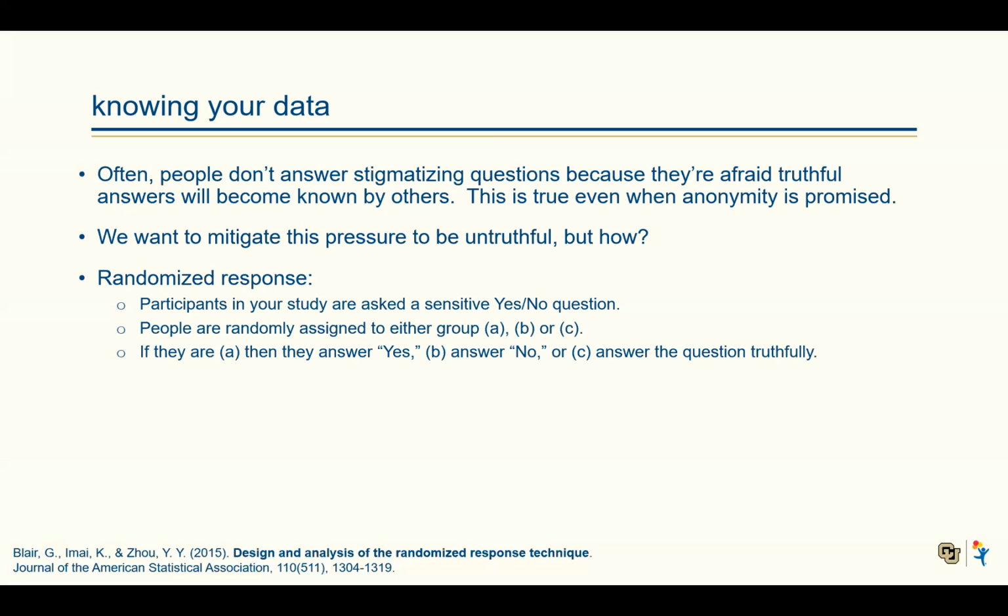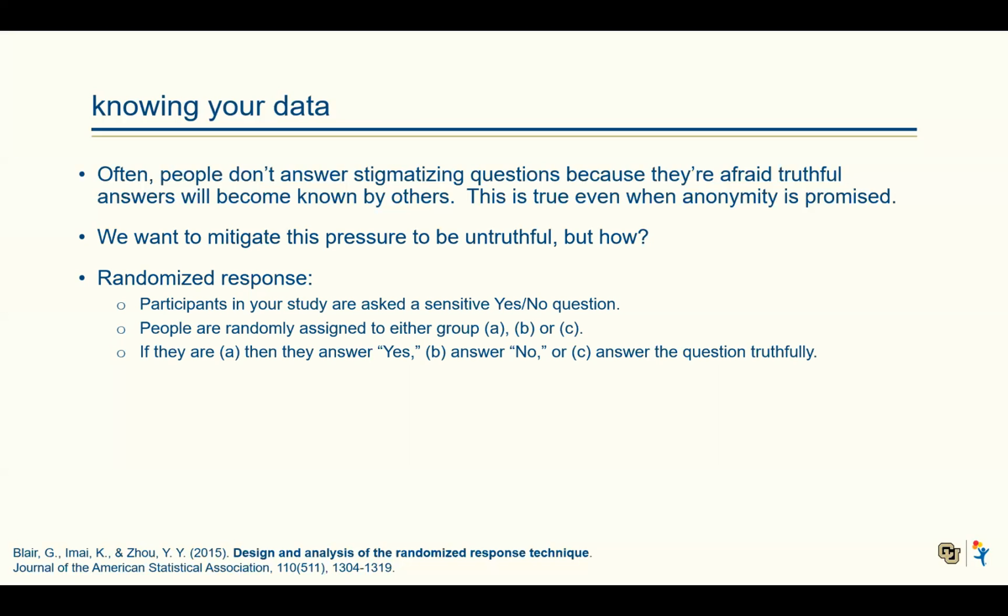One way is to have participants in your study answer a sensitive yes or no question. You can do it with non-yes or no questions, but yes or no is easier for me to explain rapidly today. People are randomly assigned to one of three groups, A, B, or C. If they're assigned to A, they will answer yes. It doesn't matter what the question is or what the truth is, they will answer yes.